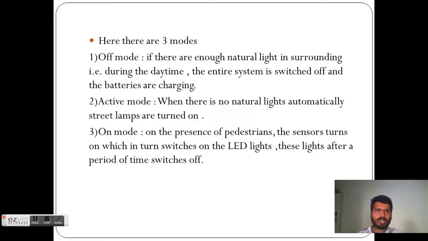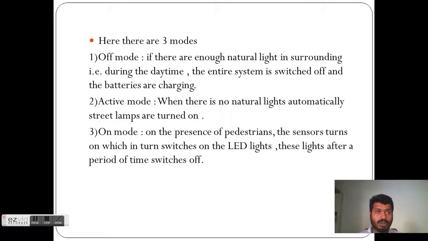Off mode is where, when there is enough natural light surrounding us, the entire system is switched off and we charge the Arduino board and sensors. What is active mode? When we don't have enough natural light, the system gets activated.